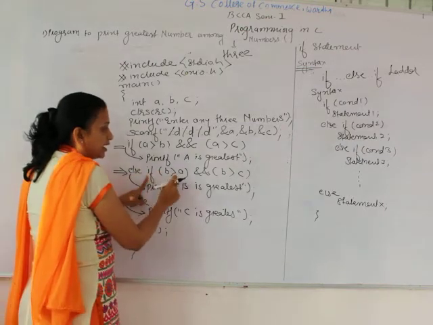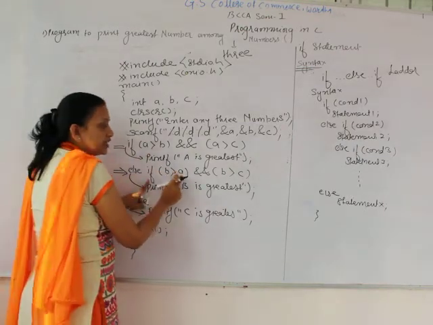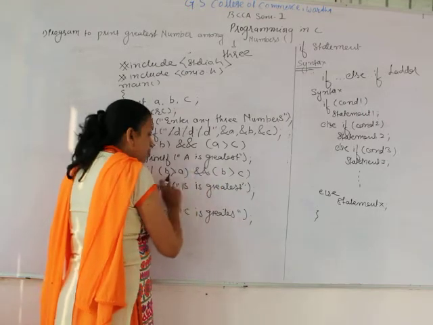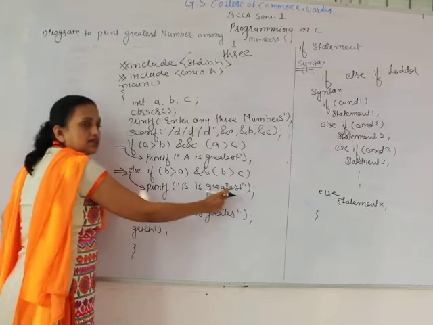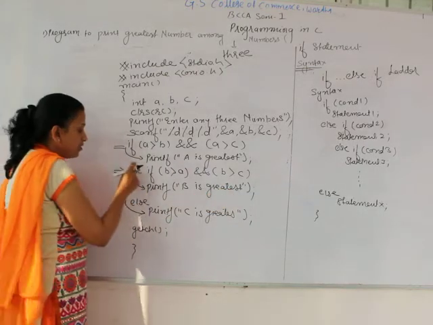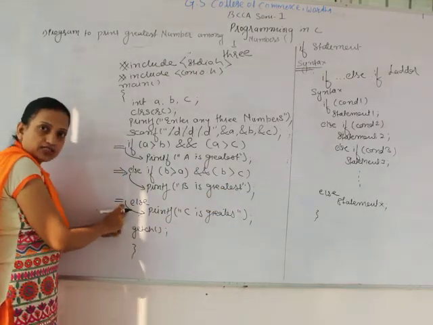That means again it will check whether B is greater than A and B is greater than C. If both conditions are true, then and only then the statements get executed. If not, then it comes to this statement.